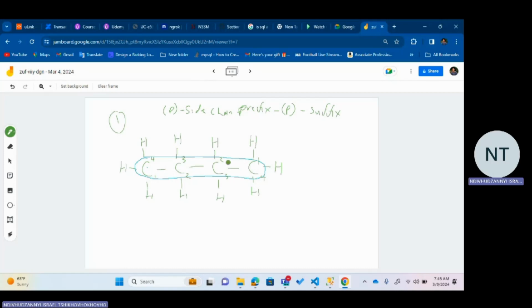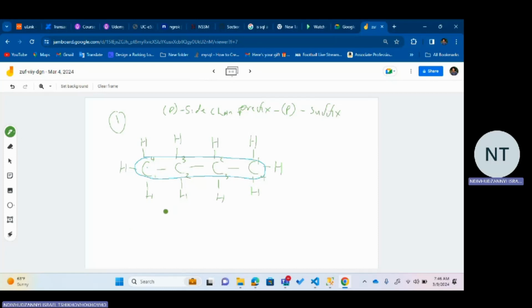In this case, we won't have any position in between the prefix because between the carbons we don't have a double bond or a triple bond, or on a carbon we don't have a different functional group, right? We haven't covered that, but you'll understand as time goes.